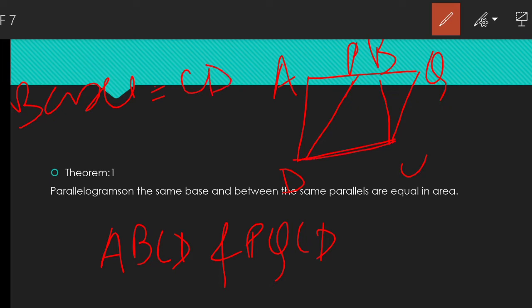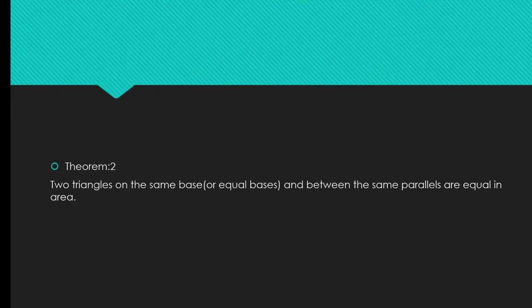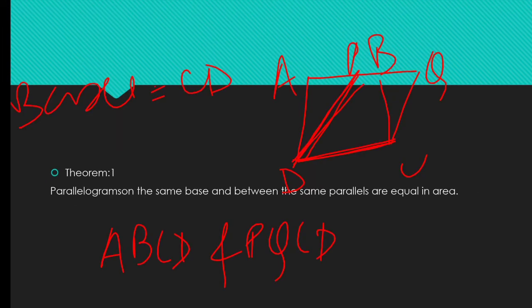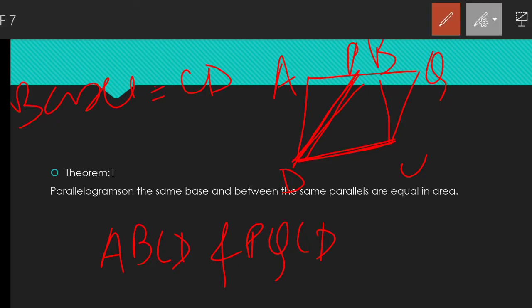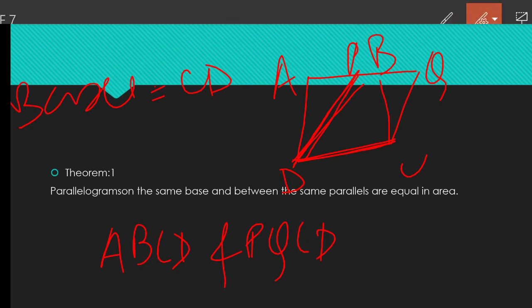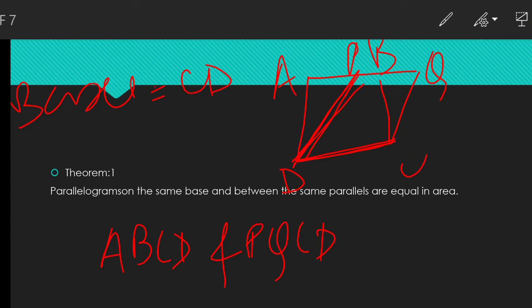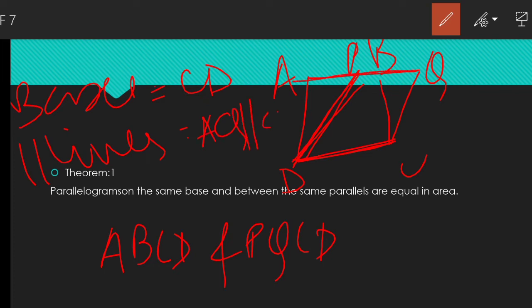They lie on the same base CD and between the same parallel lines. The same parallel line is AQ. This line is parallel to CD.